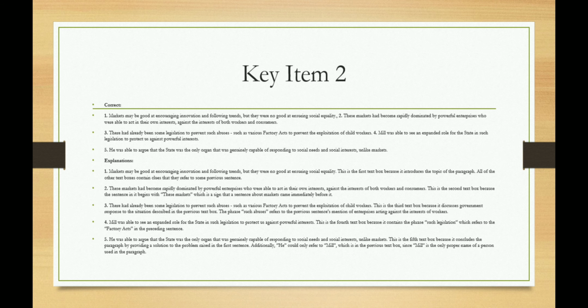All right, Mill was able to see an expanded role for the state in such legislation. So again, the legislation is here, so it's again linked to the past one. And who is he here? Mill. So that's why the fifth option comes after the Mill statement. Okay, so that's how you can practice reorder paragraph at your home.